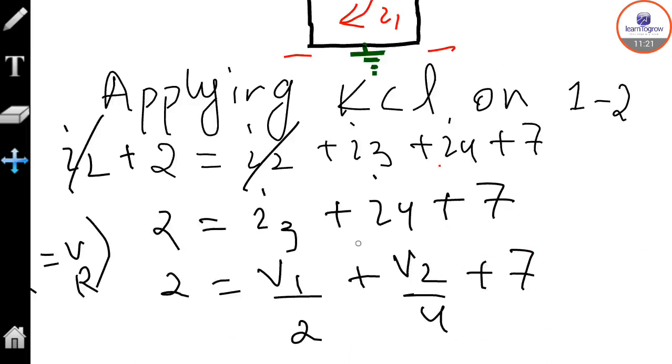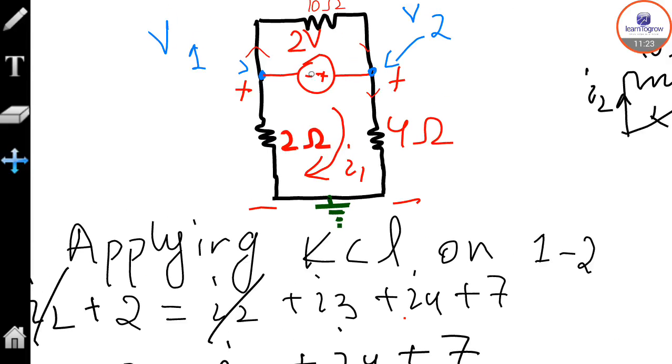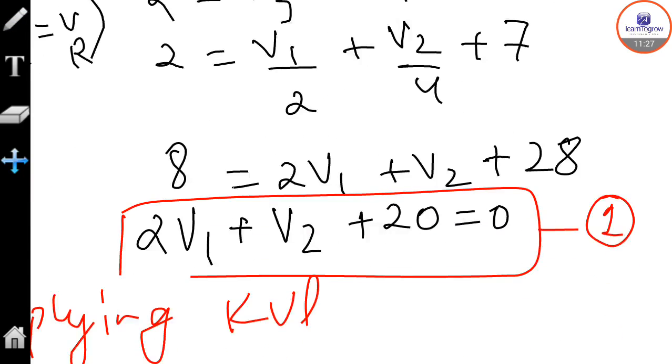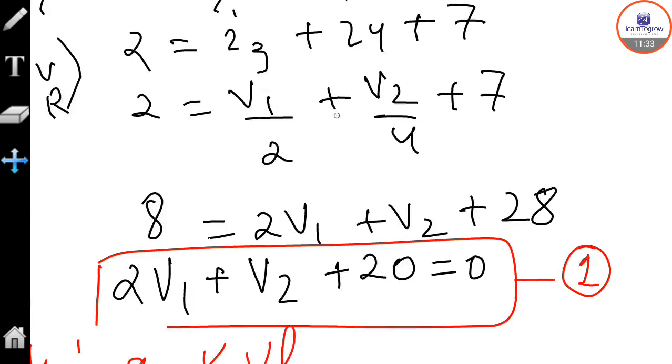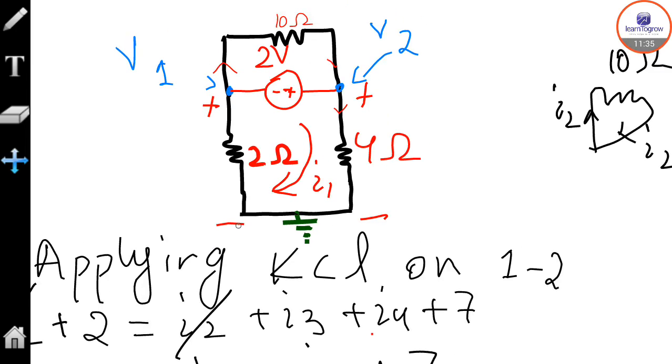Okay, then our voltage source: minus V2 minus 2. Minus 2 plus V2. This is according to the direction because the minus sign is striking first with V1. Follow me.